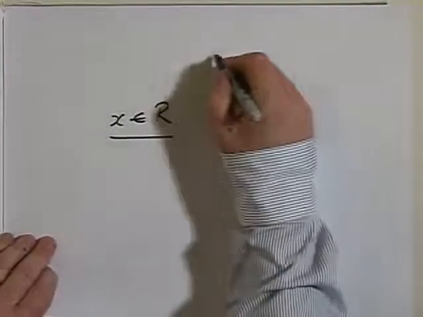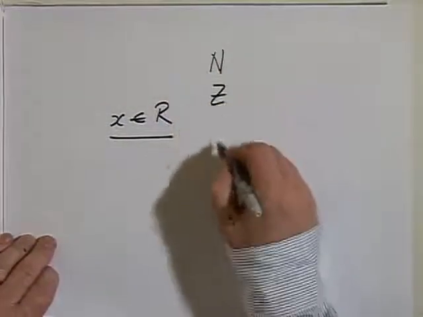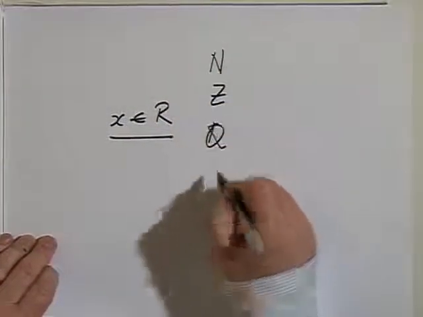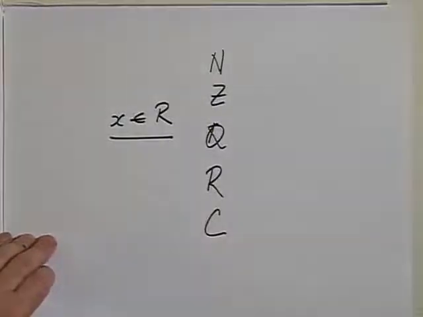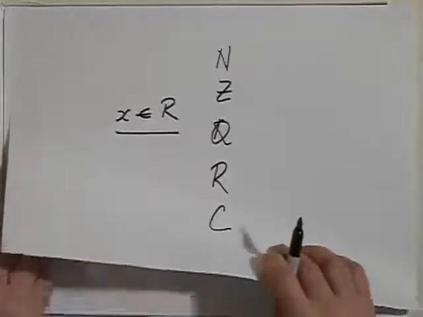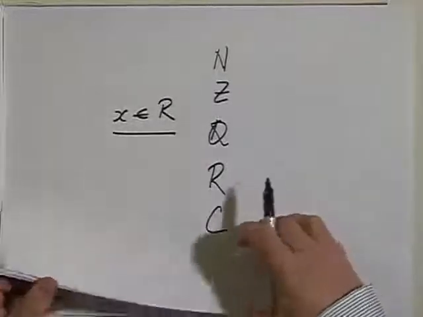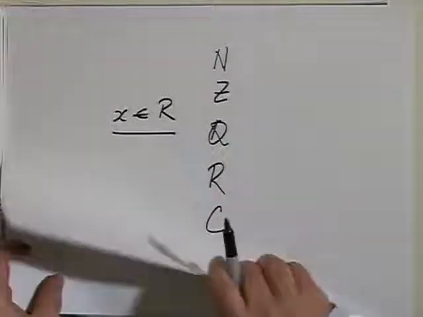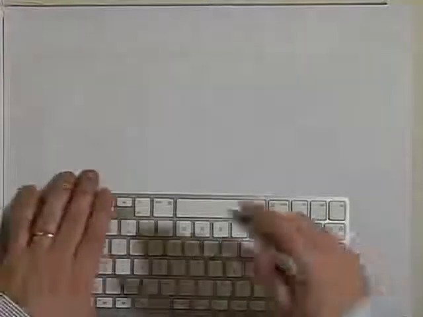But really all they're saying is N, Z, Q, R, and C, and how those numbers came about. So let's just take a tiny walk through that, if you don't mind. I'm just going to go through that, and I will do this again in a different section.